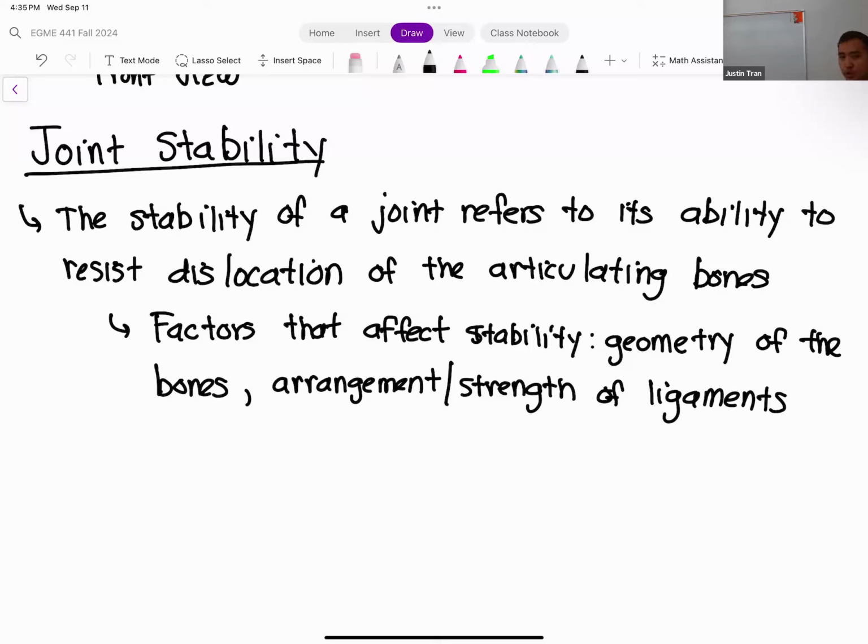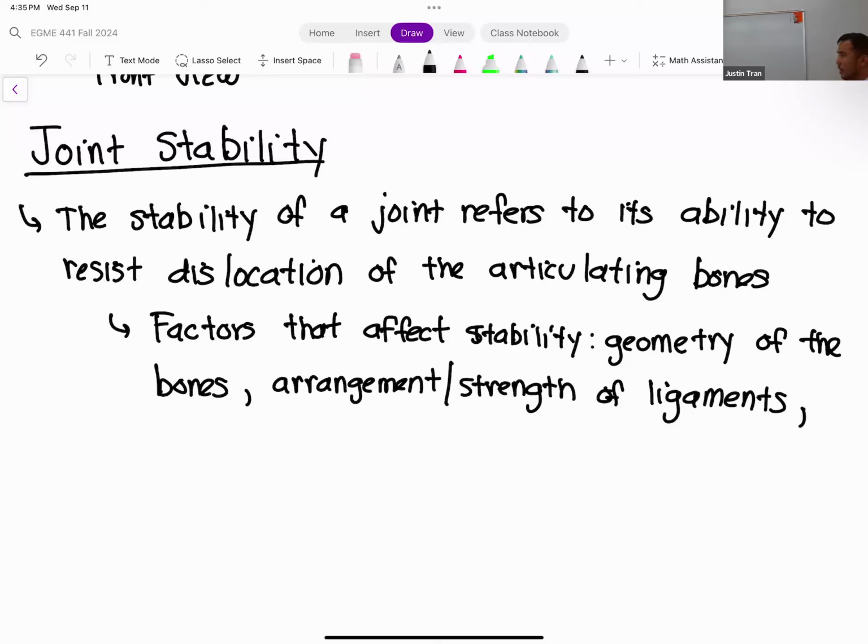In most joints in your body, that's where all the ligaments live. Some joints have a lot of support from the ligaments, and some don't. Depending on how many ligaments there are, how strong they are, and how they're arranged, that's going to affect the stability of the joint as well.